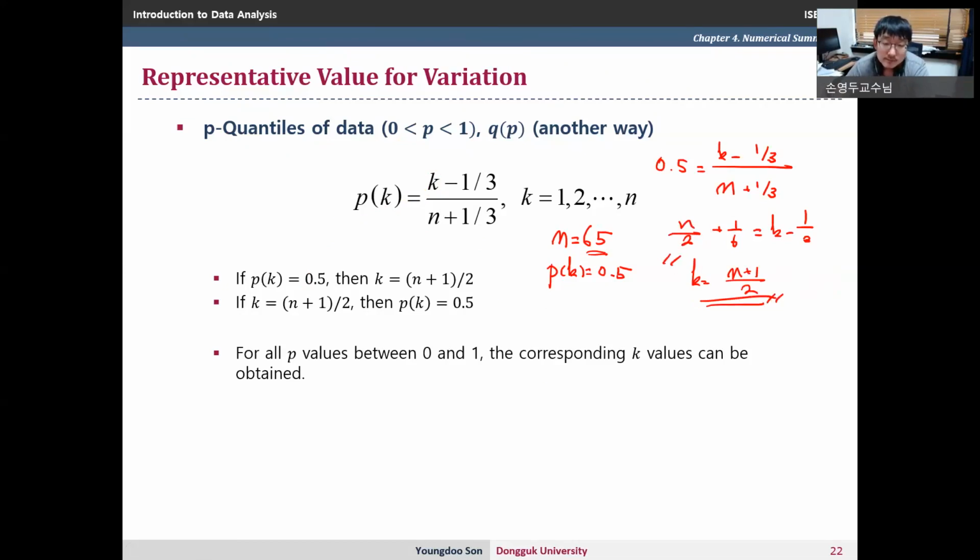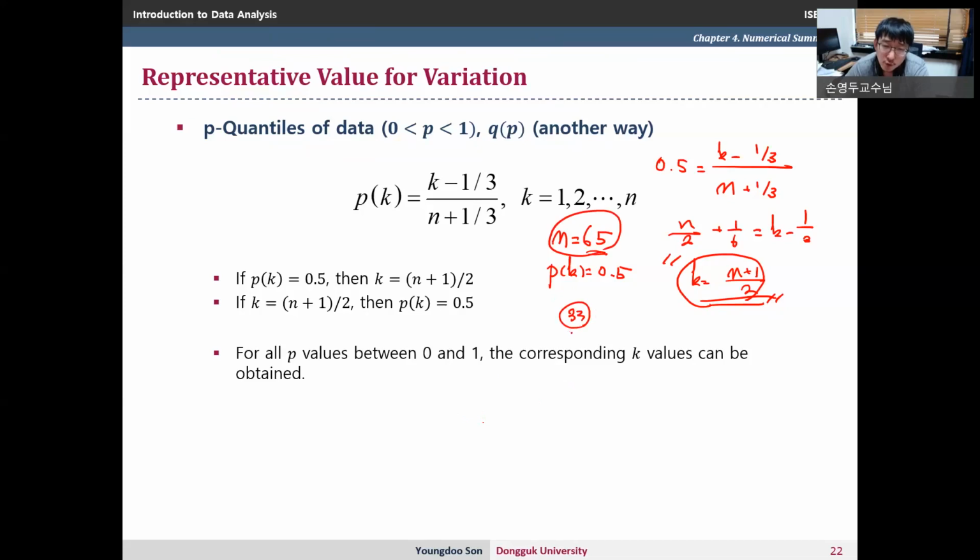And vice versa. If we put k here, we want to know what is the percentage of the data points when we know the data index. For example, we have 65 data points and we are curious about the 33rd point.